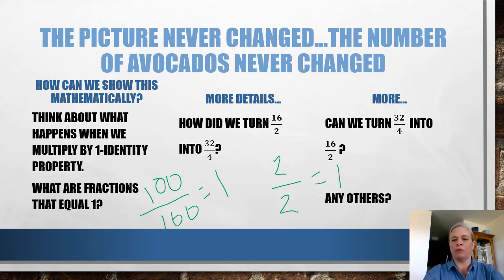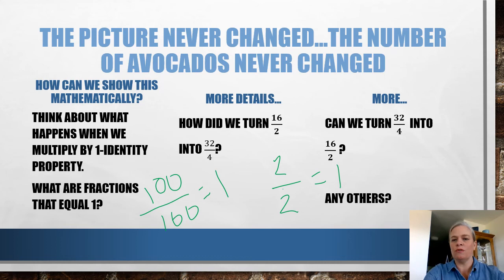Do you think that we can go in the reverse? Because we know that multiplication and division are the inverse, or the opposites, of each other. So if I have 32 fourths, could I use that same idea, that any numerator and denominator that are the same will be equal to 1, to go from 32 fourths to 16 halves? Let's look at this.